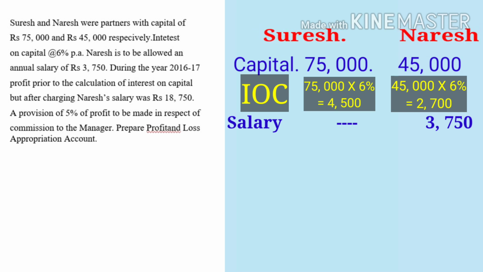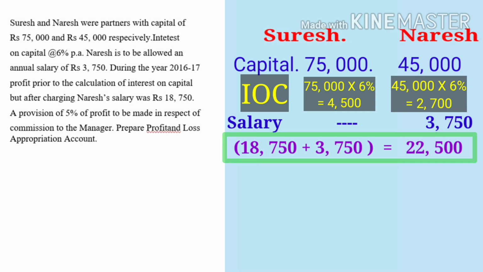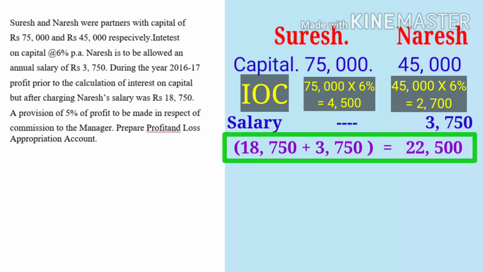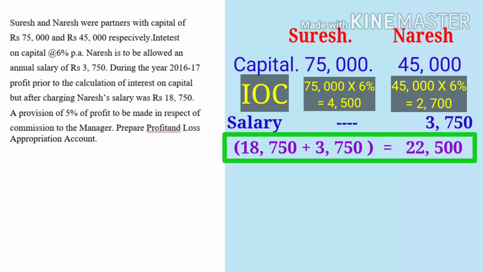So, first of all, we should not charge the salary to the partner before the profit. So here the profit is changed. It means that we have to add the salary, the Naresh salary, to the profit which was given in the question, 18,750. So our new profit will be 18,750 plus 3,750.